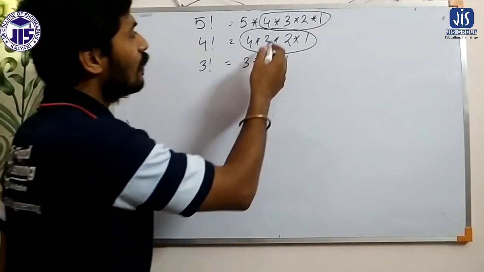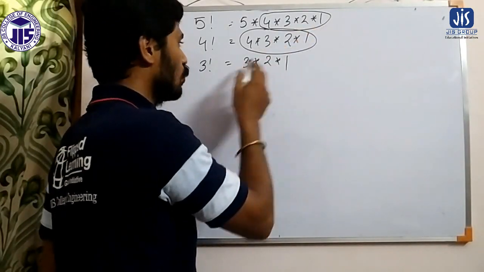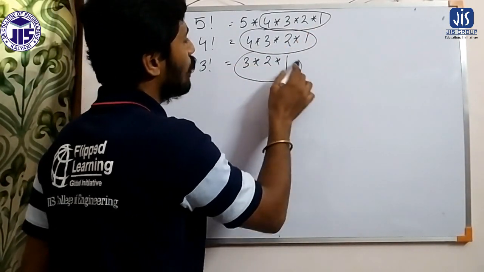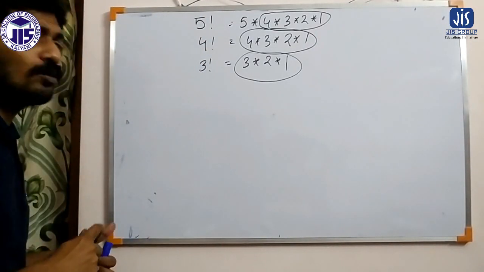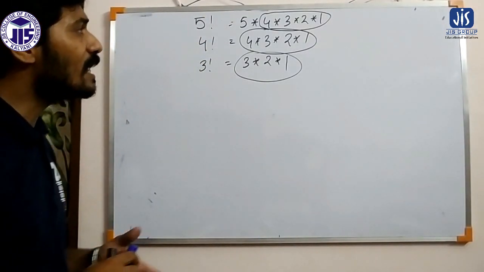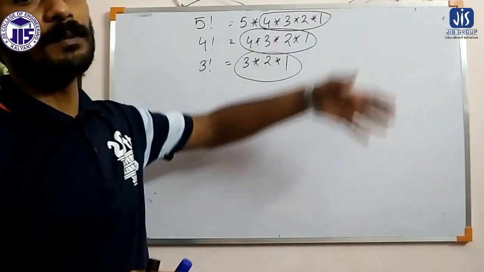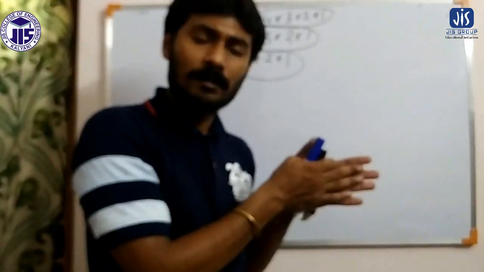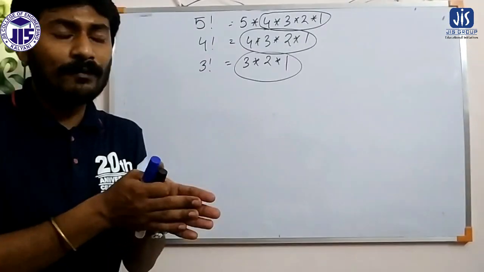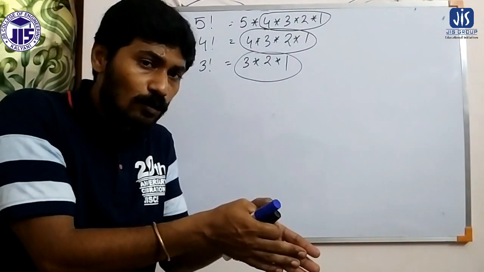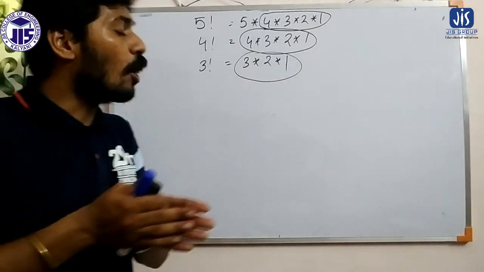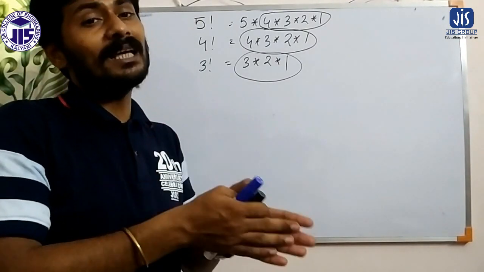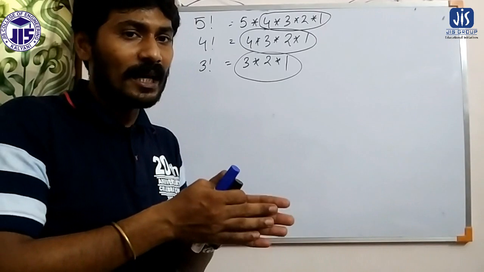Right? Here we are performing 3 into 2 into 1 also. But in 3 factorial, again we have to perform the same task. So for 5 factorial, for 4 factorial, for 3 factorial, we have to repeat the same calculation. The operation is the same, but we are repeating the calculation.